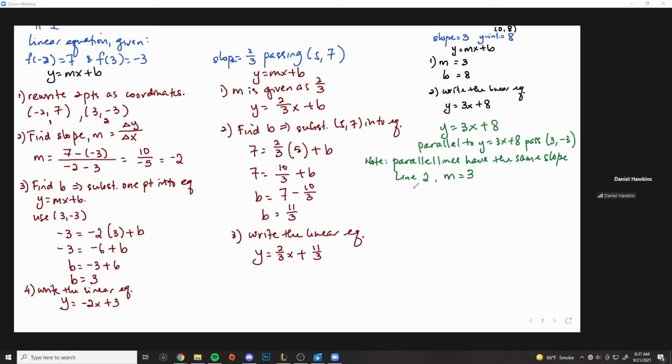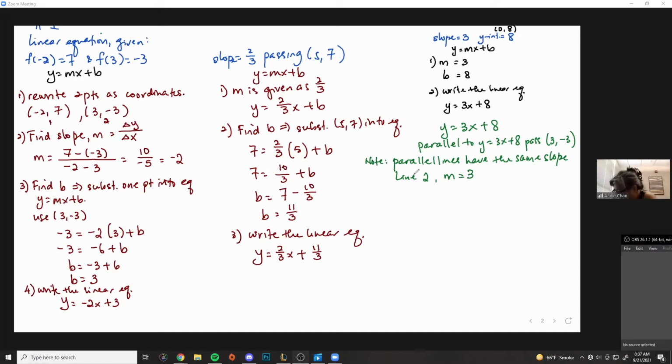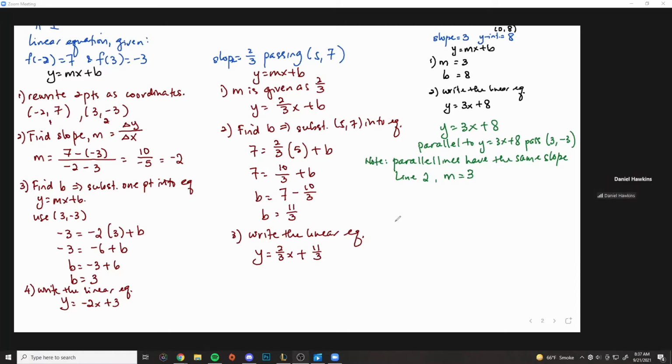Okay, so you put in that point to find b. Exactly. Substitute 3, -3 into y equals 3x plus b to find b.